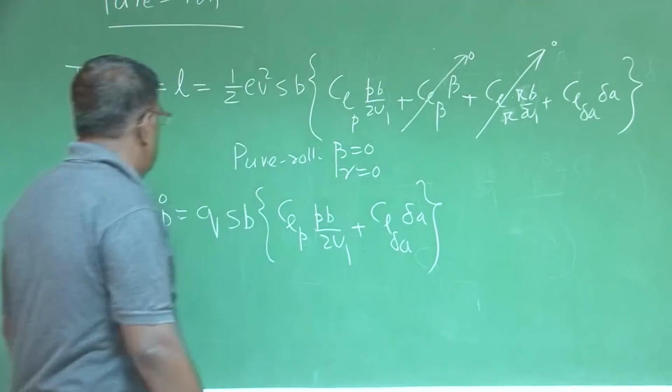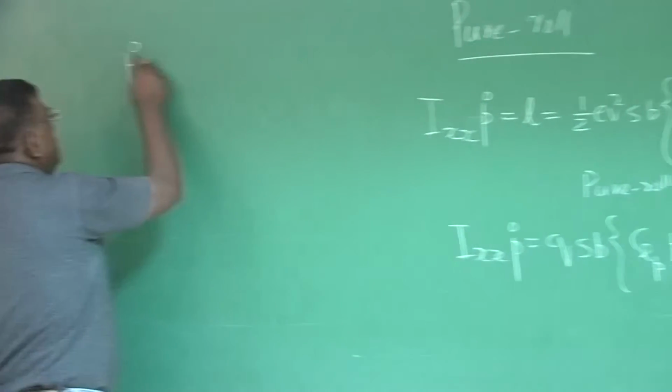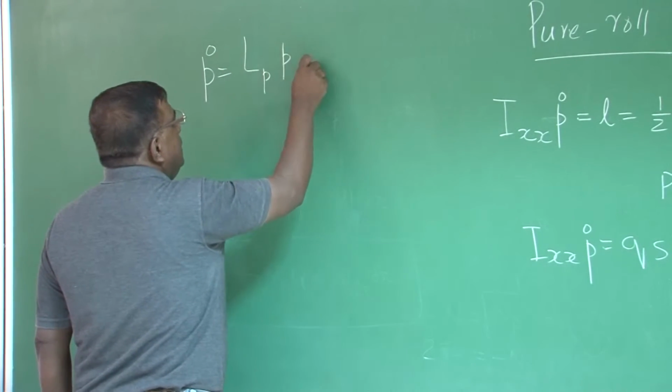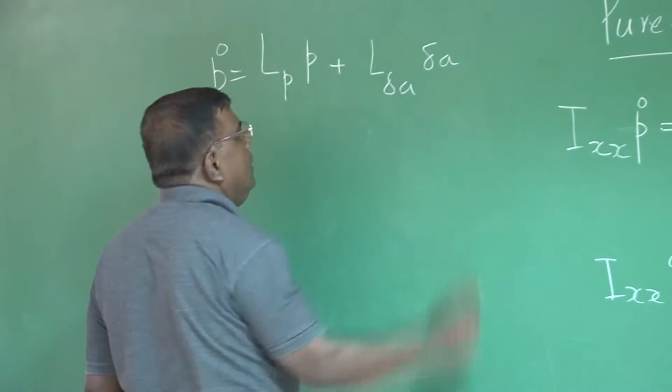So this is the form, and I can easily write p dot equal to L_p into p plus L_delta_A into delta A. So simple.